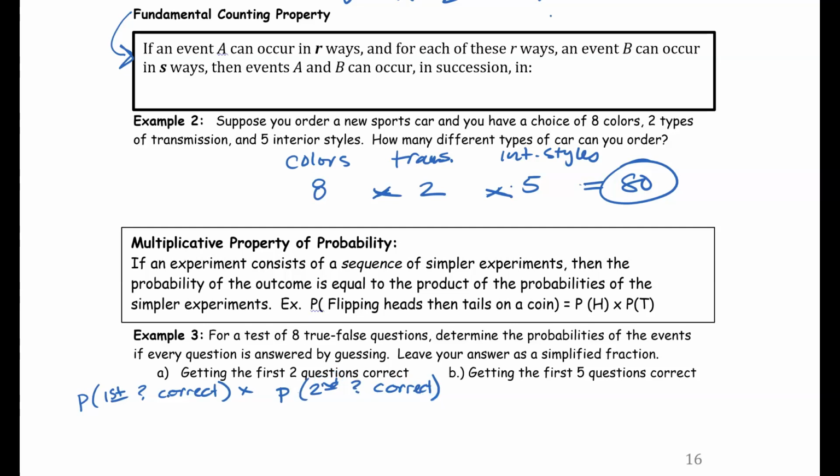If each question is true-false, then the first question, I have a 1/2 chance of getting that one correct because there's 2 possibilities. And the probability that I get the second one correct is also 1/2 because that's also true-false. So I can multiply those together and I end up getting 1/4.